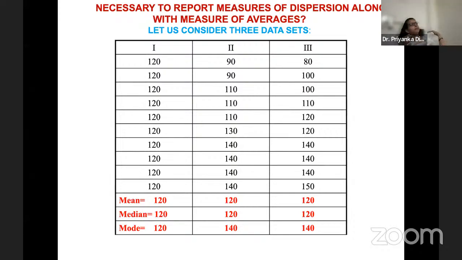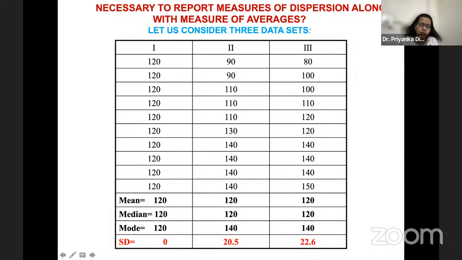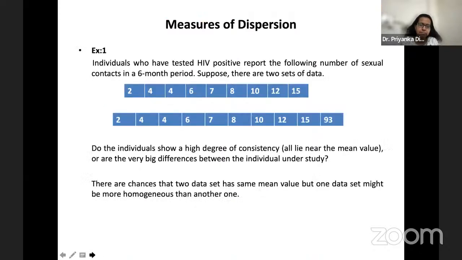First, we are talking about the central part, the central tendency, and then we are interested to know how the different values are away from the central part. And that's why we are going to discuss the measure of dispersion. Okay.